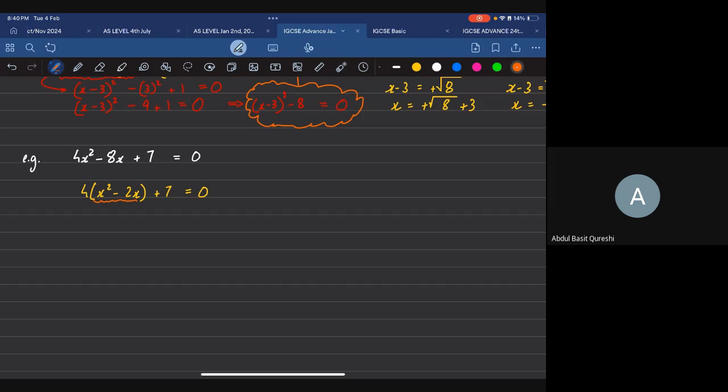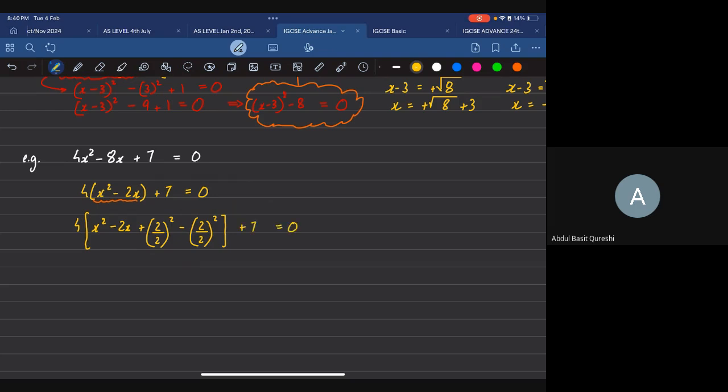Now, what I can do is simply write it as 4 times x squared minus 2x plus, 2 over 2, half of 2 squared, whole squared, minus half of 2, whole squared. And you got plus 7 on the outside.